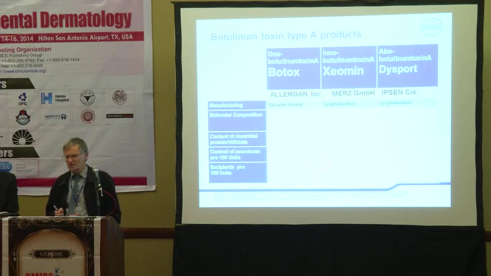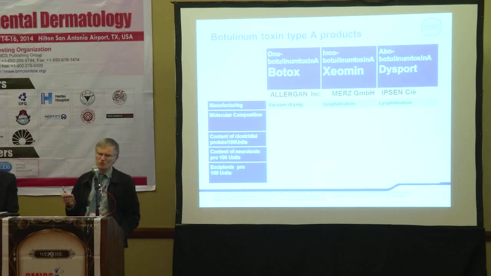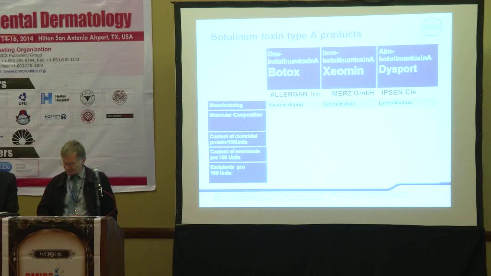Those are different processes. All the processes end up with a dry product, which is much more stable than the neurotoxin in solution. Molecular composition, I already talked about that. 900 kD complex in Botox, 150 kD neurotoxin in Xeomin.